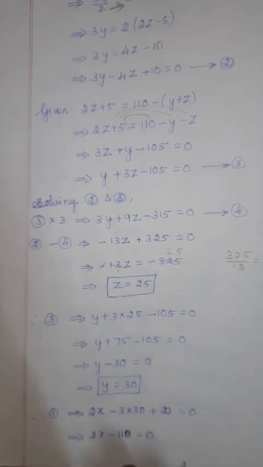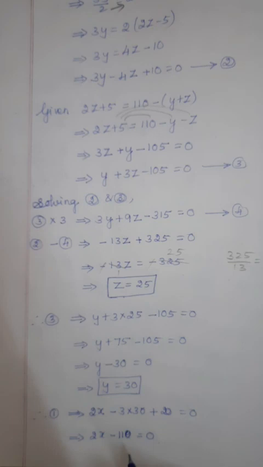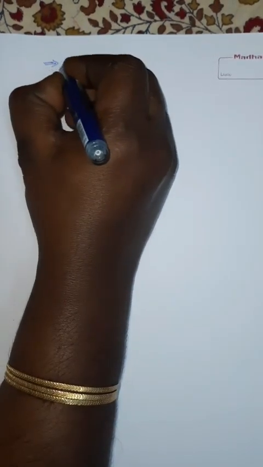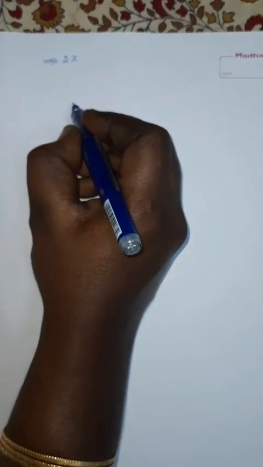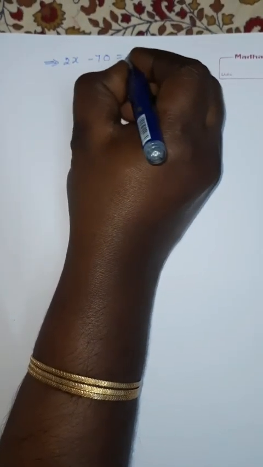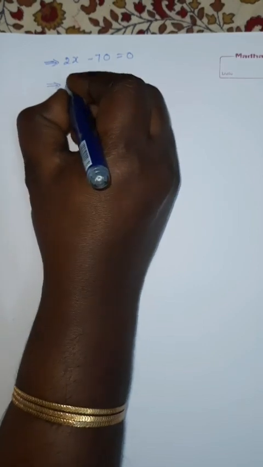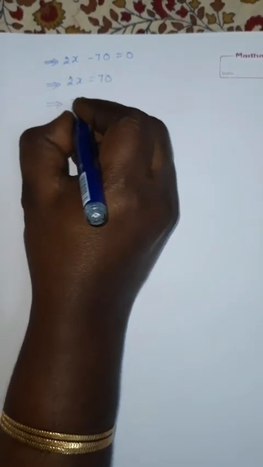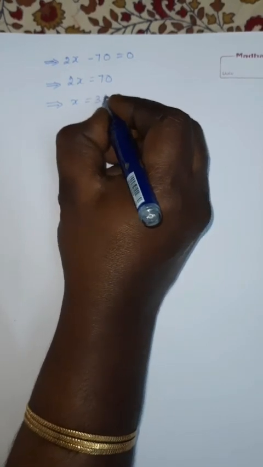No sorry, minus 90 plus 20, the calculation is wrong. Which implies 2x minus 90 plus 20 is minus 70 equal to 0, which implies 2x is equal to 70, which implies x is equal to 35.